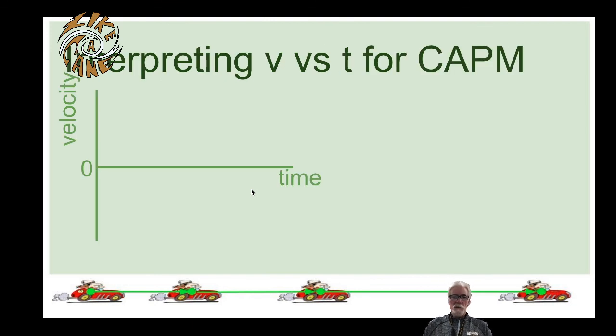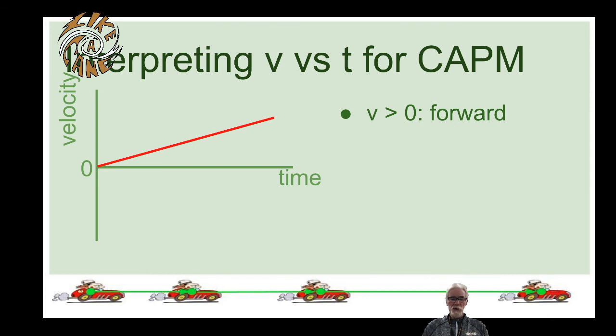Let's take a look at interpreting the velocity versus time graphs for the constant acceleration particle model. If we take a look at this graph, we can learn two things about this motion. The first thing is we know that the object is moving in the forward direction. And the reason we know that is not because the line has a positive slope. It's because the velocity is always above zero at all times.